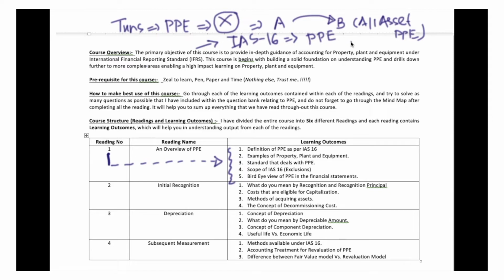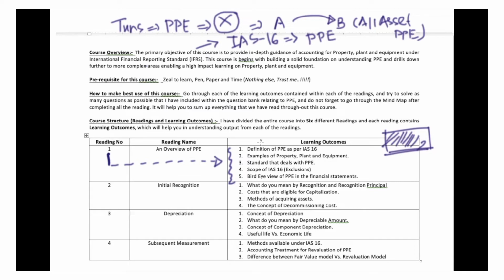Then we will understand the scope of IAS 16. We will understand the ambit within which the requirements of IAS 16 are applicable, because I can't say IAS 16 is applicable for all property, plant, and equipment. It has some exceptions. We will discuss.